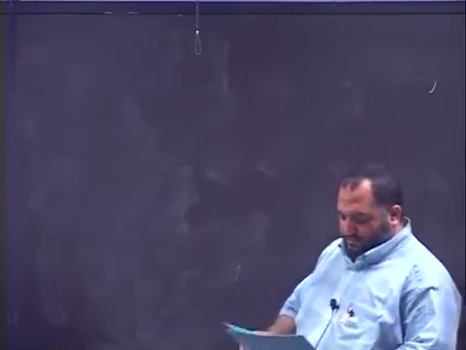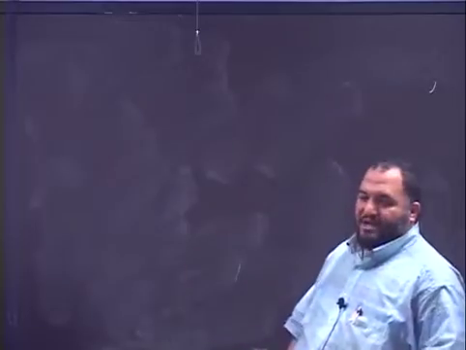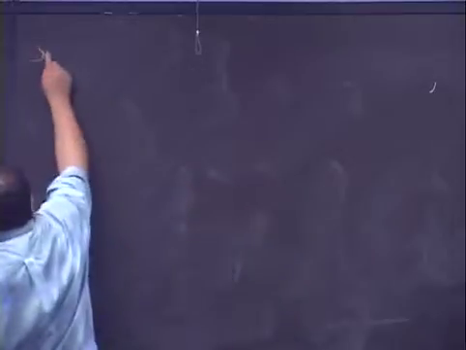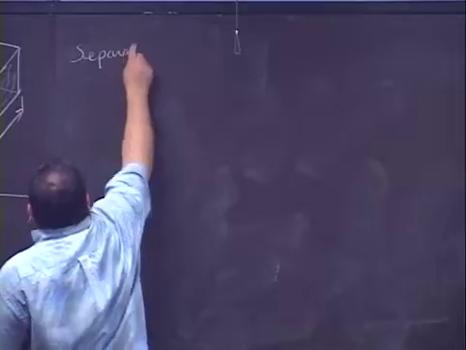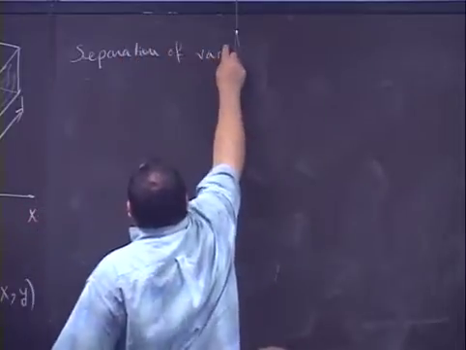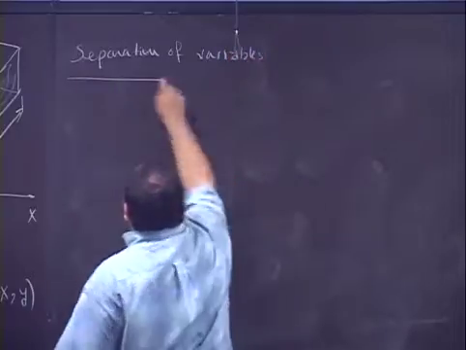So how to solve this equation? This equation, we solve it by a method called separation of variables. This is a partial differential equation, and there is a method called separation of variables. And this is a very well-known method.